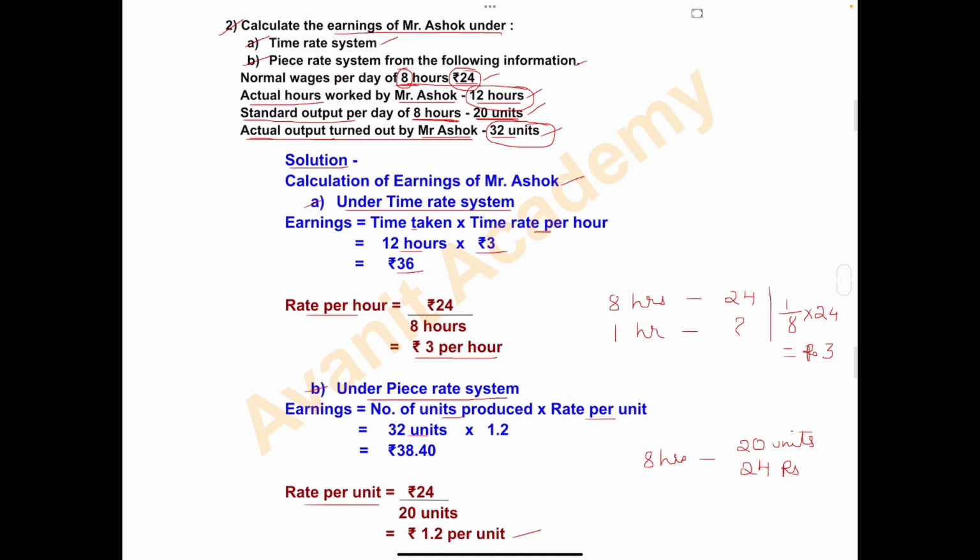Rupees 1.2 per unit. Right here, rate per unit is 1.2. 32 into 1.2, answer is 38.40. So under piece rate system, earnings is rupees 38.40.